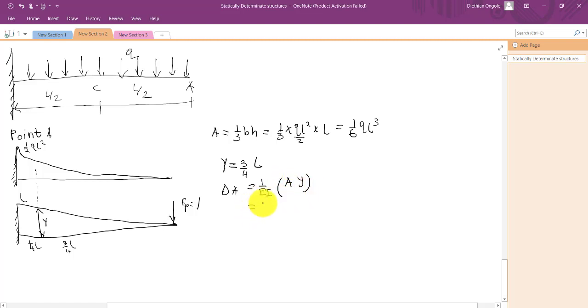In this case, this would be 1 over EI times 1 over 6 QL cubed times 3 over 4L. This gives us delta A equal to 1 over 8 EI QL to the power 4.